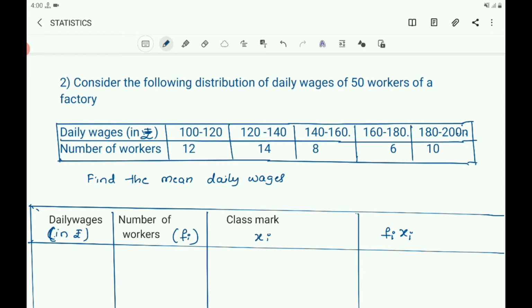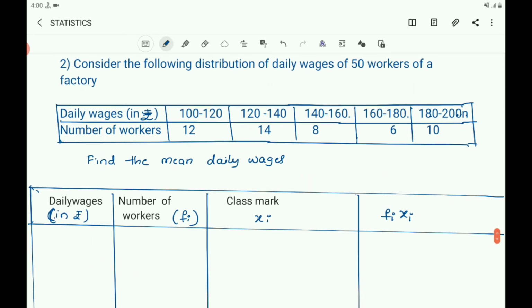The daily wages are given in rupees, in terms of class intervals. First class interval is 100 to 120 rupees, second 120 to 140, third 140 to 160, fourth 160 to 180, and the last class interval is 180 to 200.